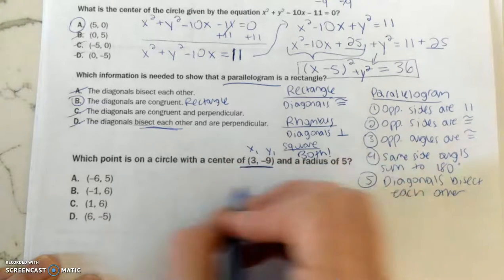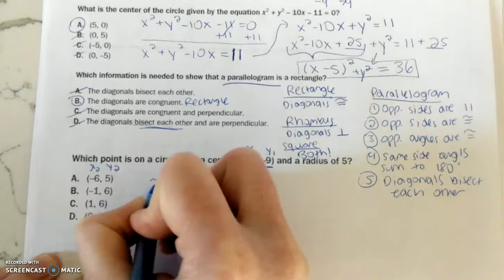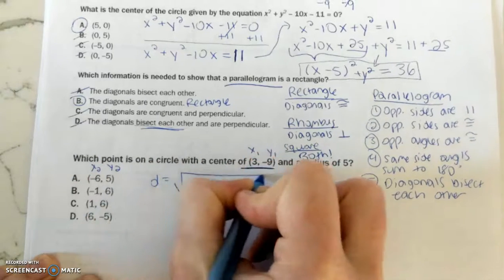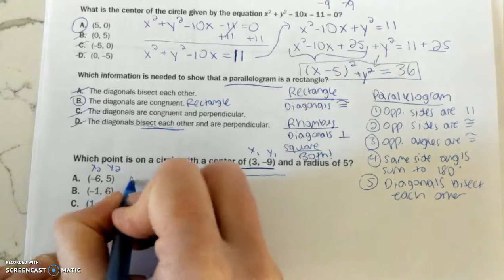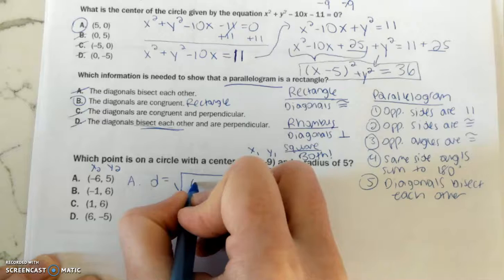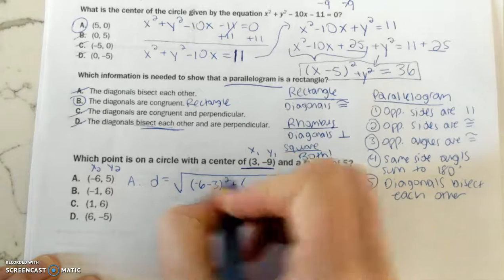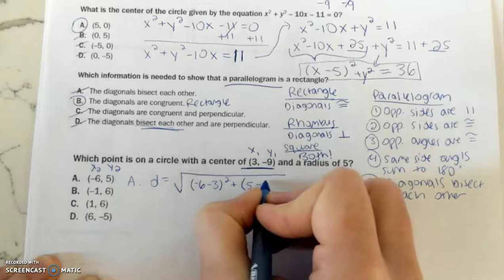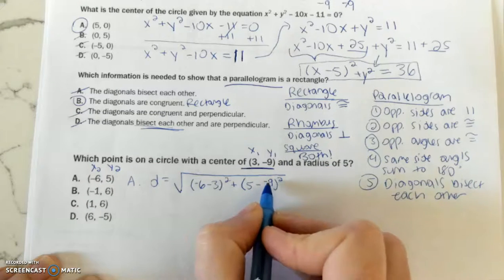If that's my x1 and my y1, this will be my x2 and my y2. So I'm going to set up the distance formula for every single option, and then we'll just plug them in. So D is equal to the square root of x2 minus x1 squared plus y2 minus y1 squared. Notice the minus is part of the formula, and I have a negative, right?